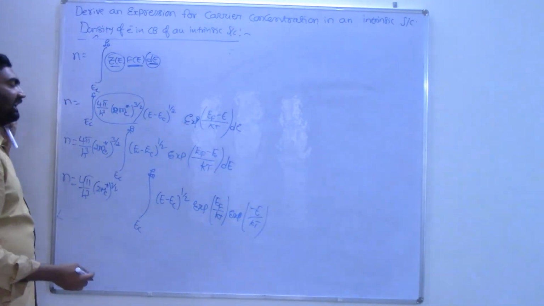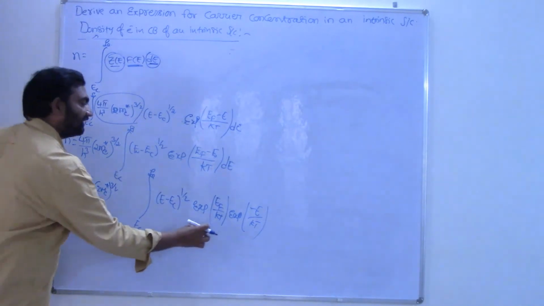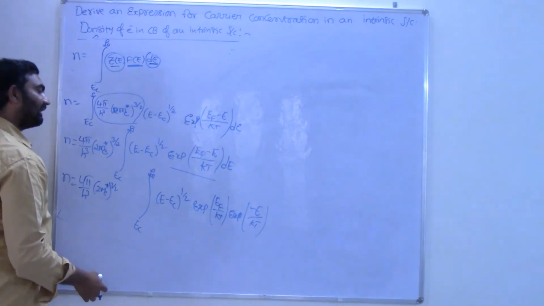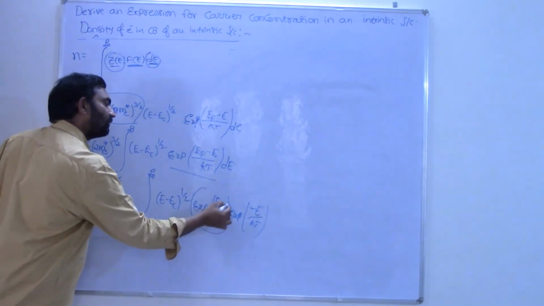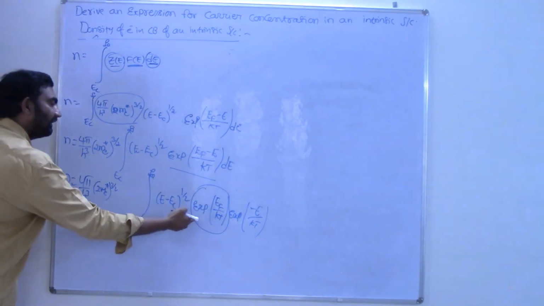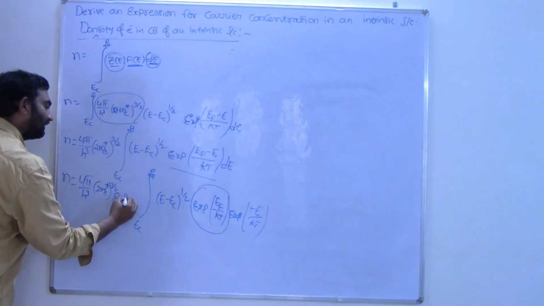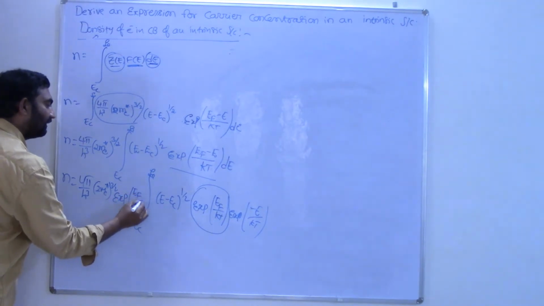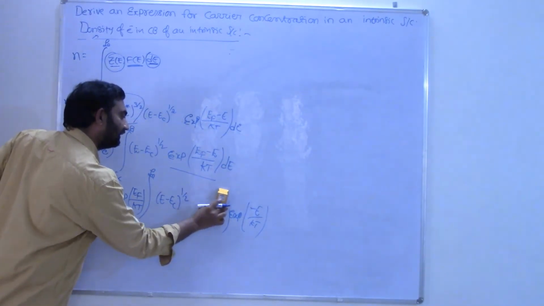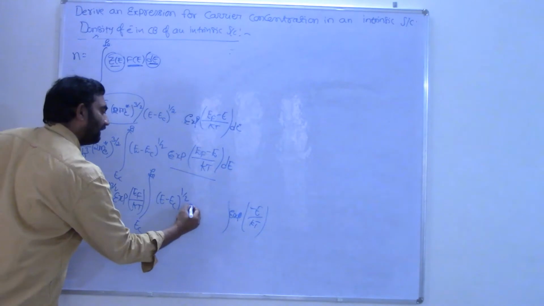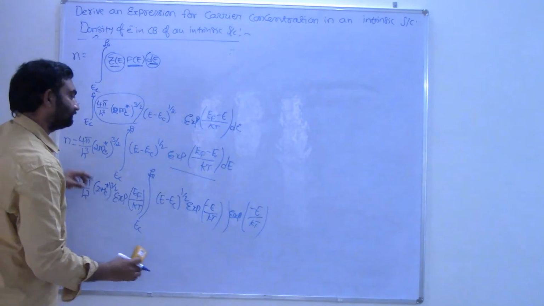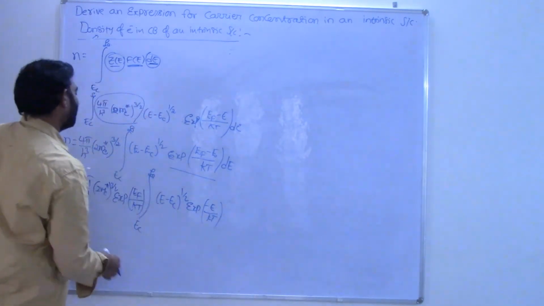You can write e power a plus b as e power a into e power b. This expression is in the form of e power a plus b. Bring this value outside of the integration because EF, the Fermi energy, is a constant. So if you bring this outside, this expression becomes e power EF by KT. Once again I am writing the same here, minus E by KT into dE.